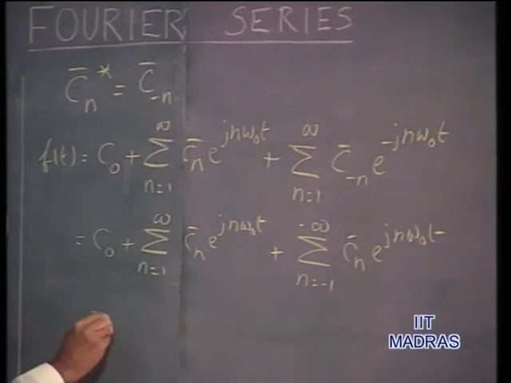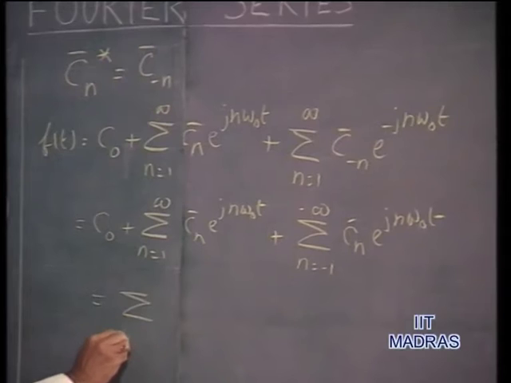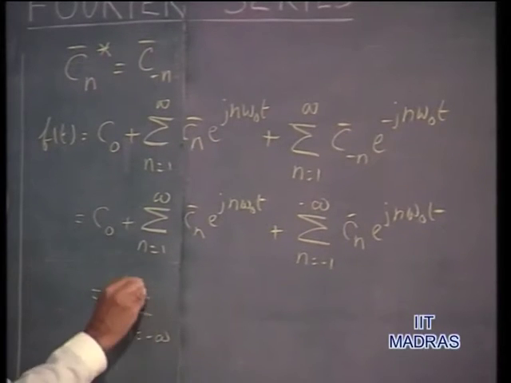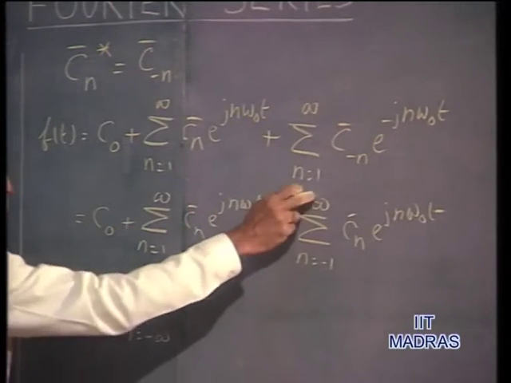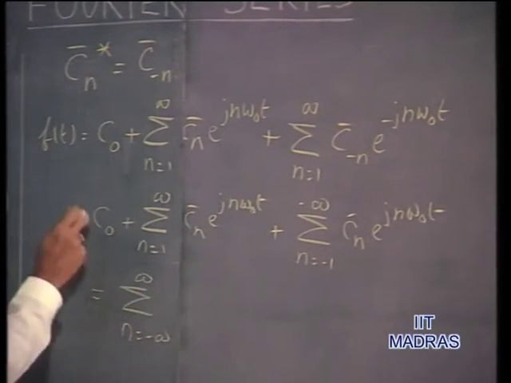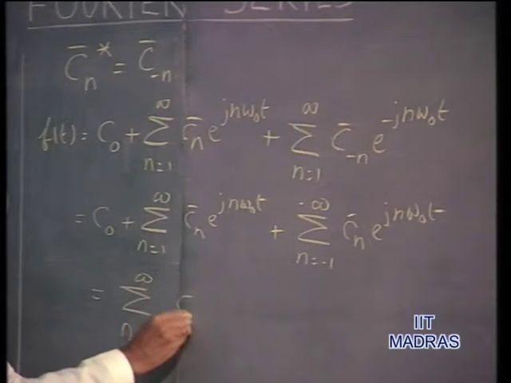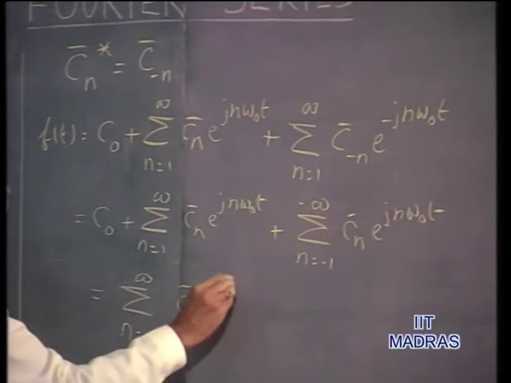Combining these two, I can write n from minus infinity to plus infinity, including this 0, minus infinity to minus 1, 0 and 1 to infinity, C n e to the power of j n omega naught t.